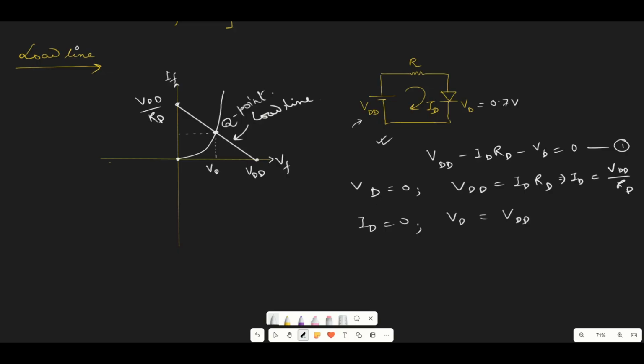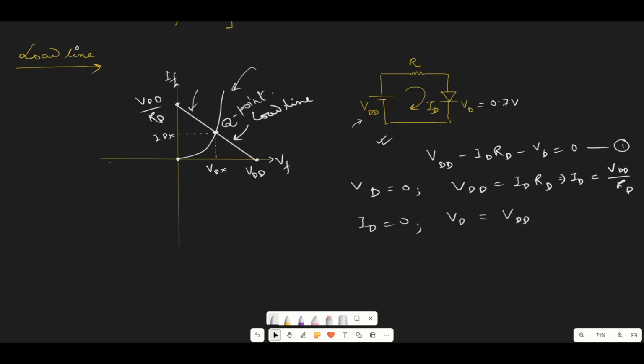Suppose this is VDQ and this is IDQ. So this is the value where the diode is working. This is the characteristics, diode characteristics, and this represents the load line. Okay, I hope you have understood this.